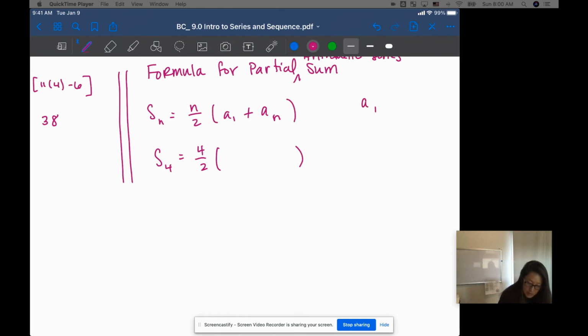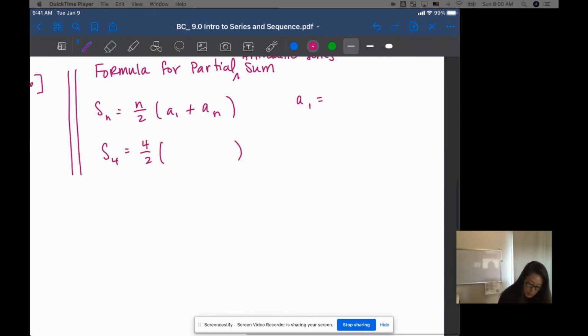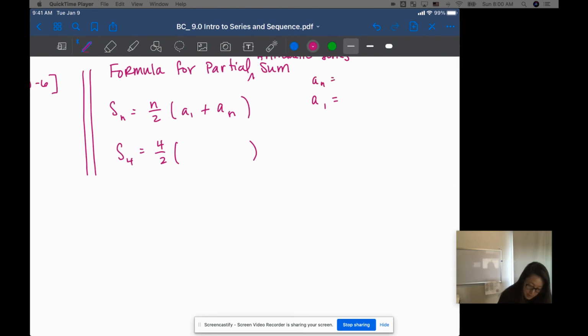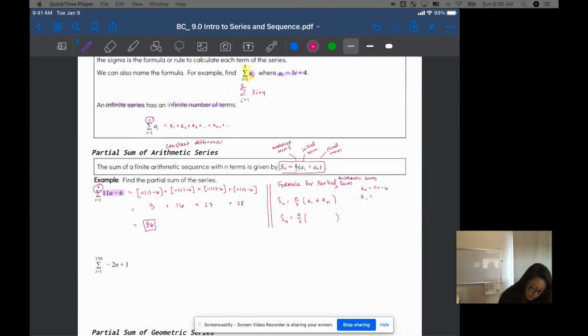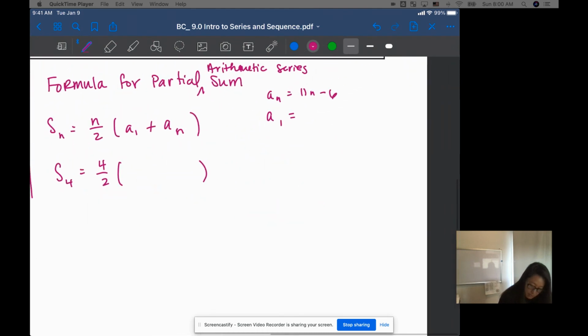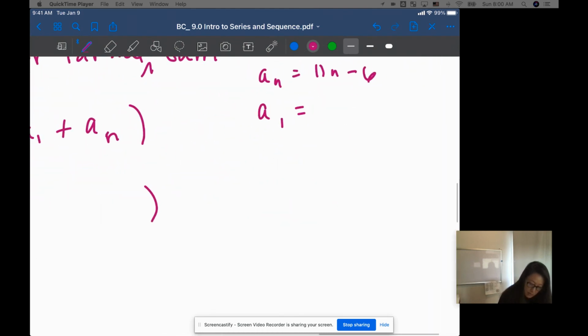So on the side, I'm just going to do a sub 1 is equal to, and our rule is 11n minus 6. So I do 11 times 1 minus 6, which gives me 5.